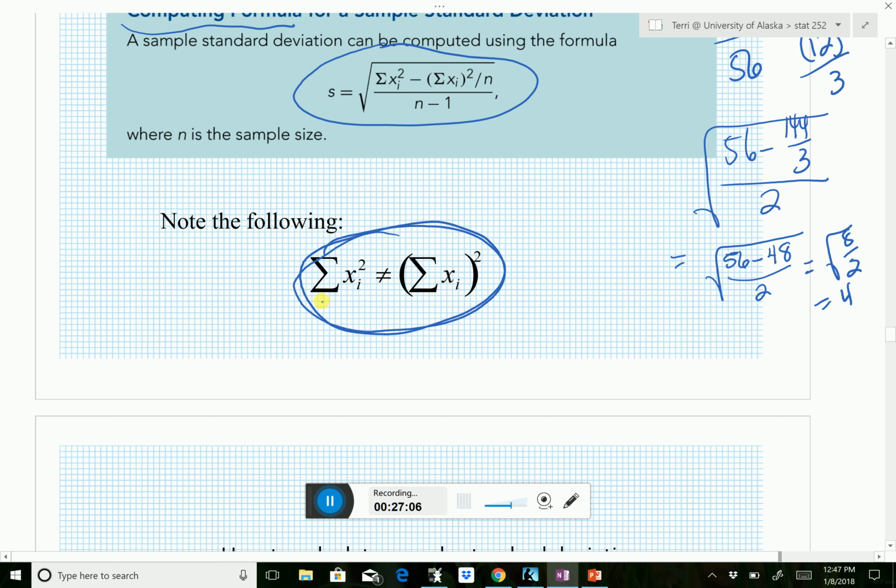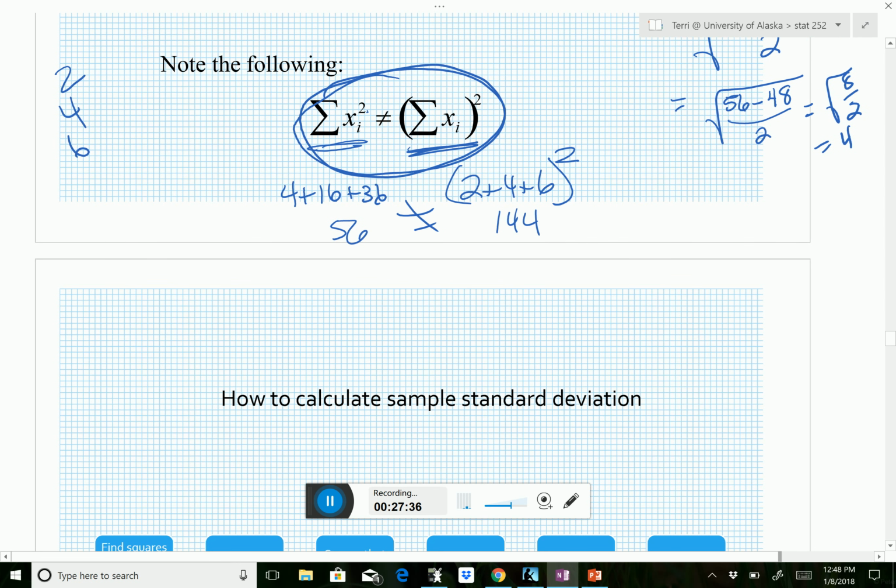The sum of the numbers squared is very different than the sum of the numbers, then squared. If I have 2, 4, and 6, this one means 4 plus 16 plus 36. This one means 2 plus 4 plus 6, squared. And these two things are very different. This is 56, this is 144. And these are not equal.